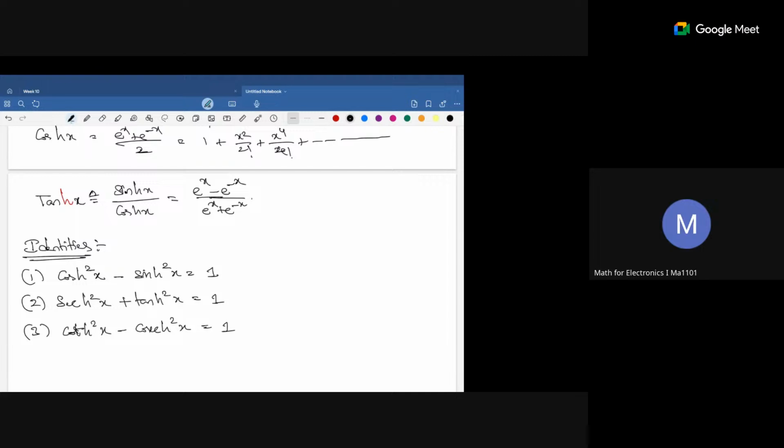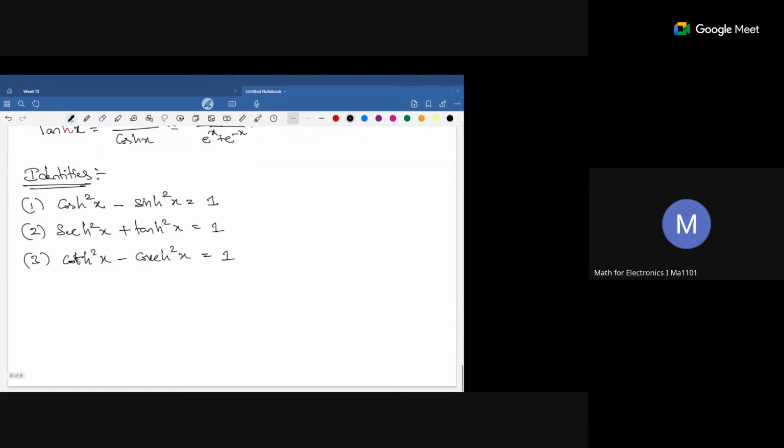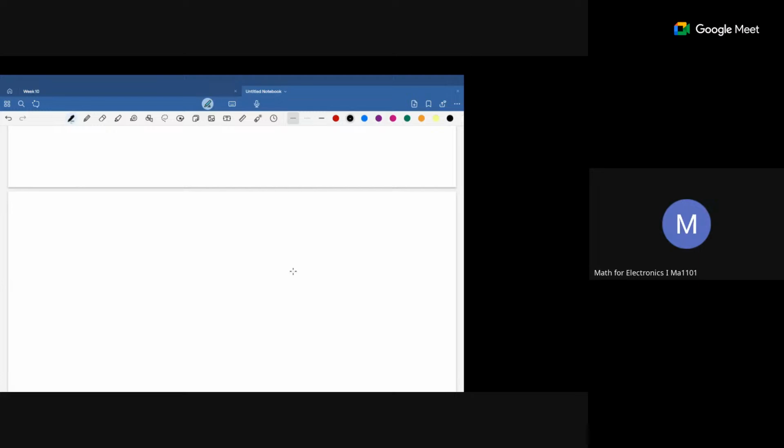And yeah, so basically this is all about hyperbolic functions. And now we should know how to take the derivatives of hyperbolic functions. Once we learn the functions, the next thing we are going to do is use our calculus knowledge on it.